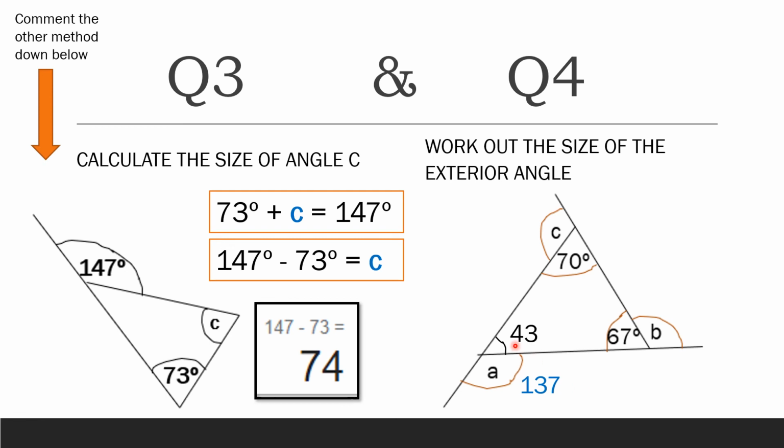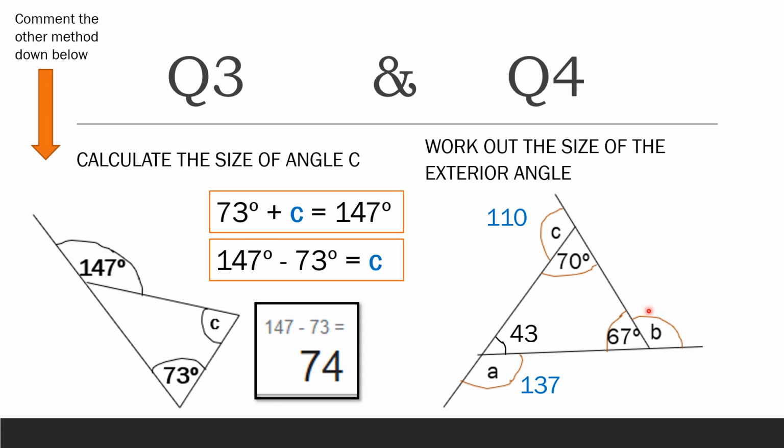So this angle right here is 43 degrees. So now we have the two interior opposite angles to find out what C is. And we add 67 and 43 to give us the size of angle C, and it is 110 degrees.